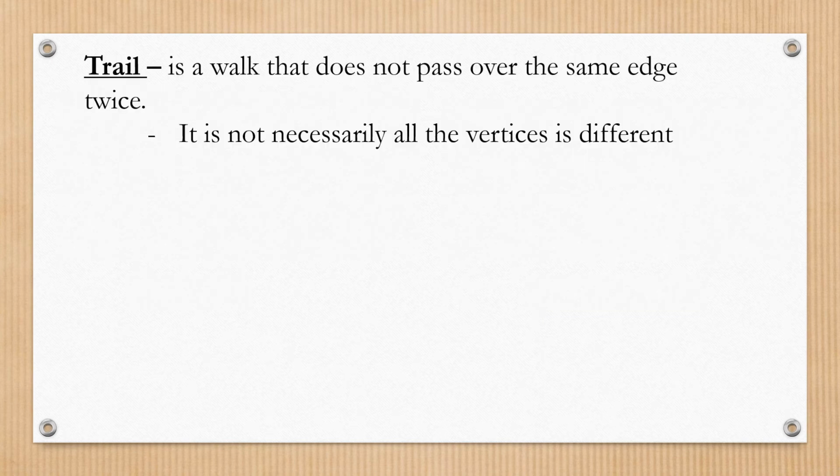Okay, now, kanina sa path, we can use the vertices once lang, isang beses lang. Except lang sa cycle or sa circuit because there is one vertex there na pwede natin gamitin ng twice because we will start at that particular vertex and we will end up to that particular vertex din.